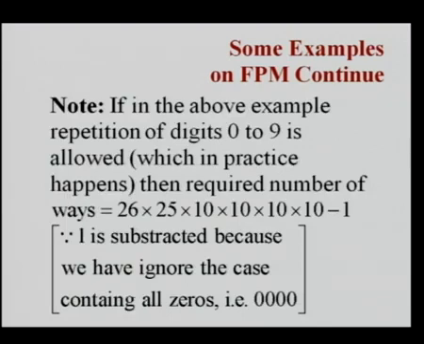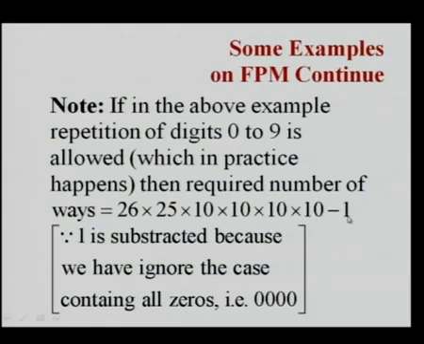Let us note one thing from the above examples. In the above example, repetition of the digits was not allowed. If repetition of the digits is allowed, then the required number of ways is equal to 26 into 25. The first place can be filled with any of the 10 digits. The second place can also be filled with any of the 10 digits. Then again 10 because repetition is allowed, and 10. Here we have subtracted 1.